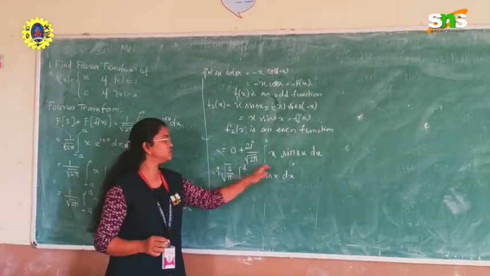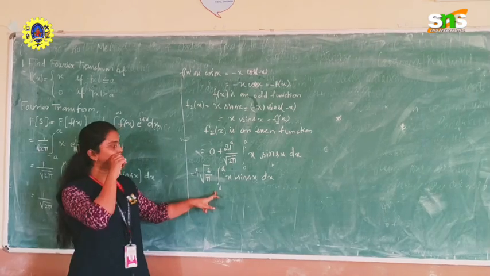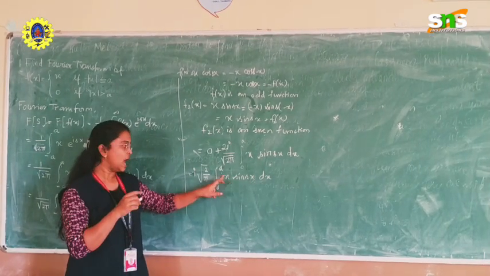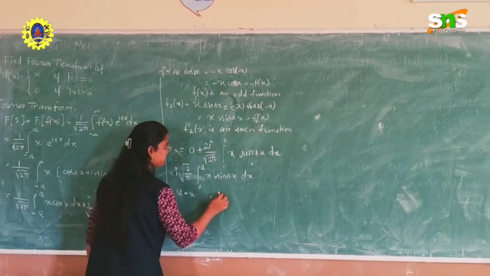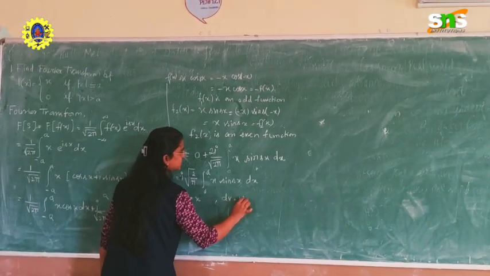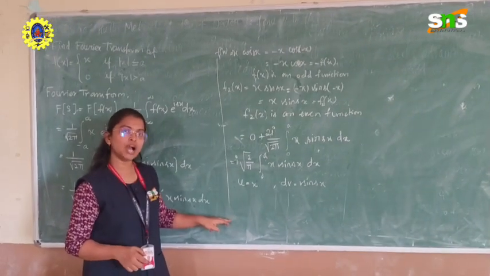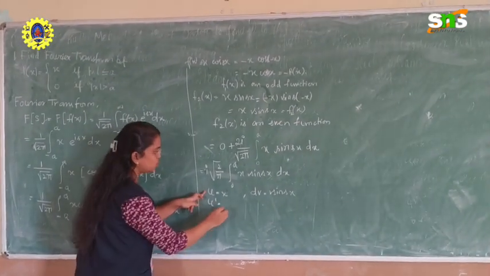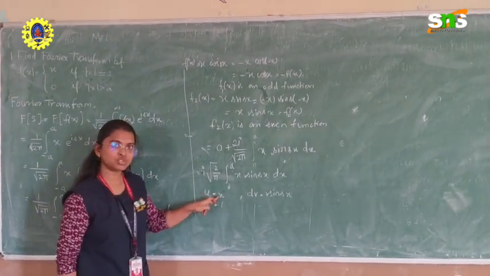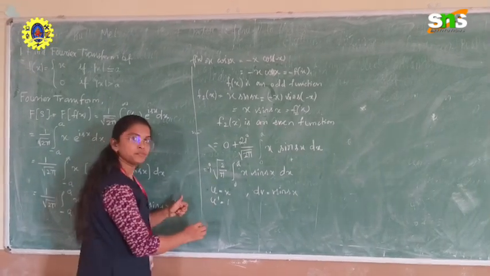Now you have to integrate this term. For that you have to take your first term as u, which is u is equal to x, and the second term as dv, which is equal to sin sx. Differentiate this u until it goes to 0. The first differentiation of u will be 1, since x differentiated with respect to x is 1.